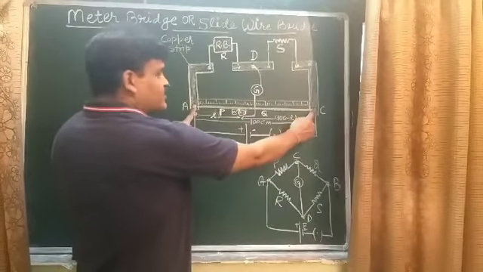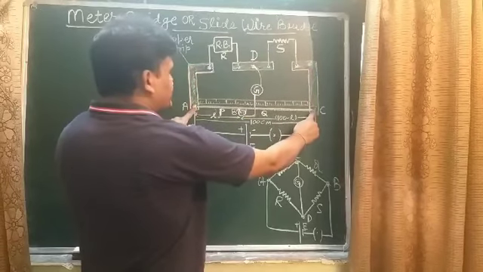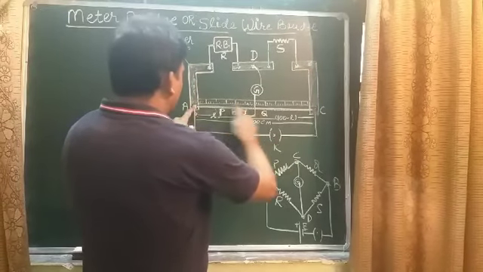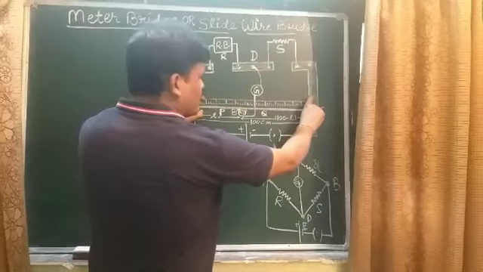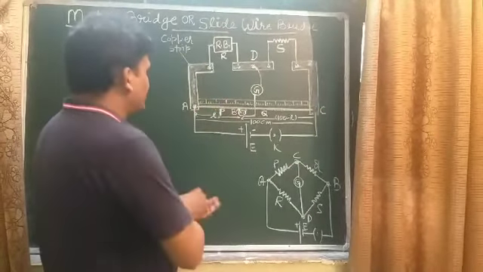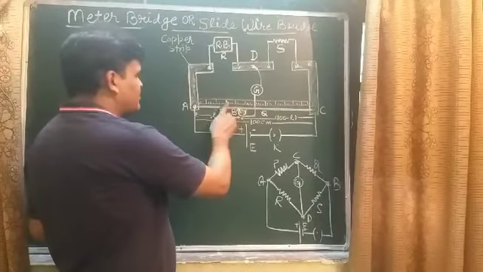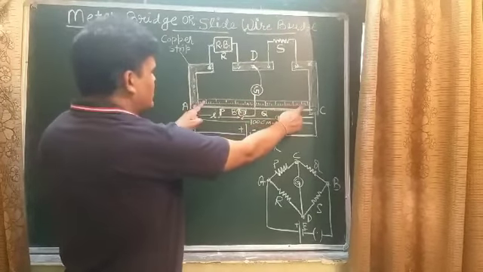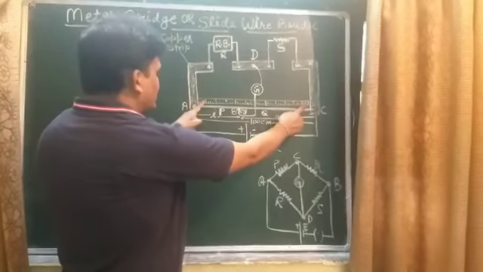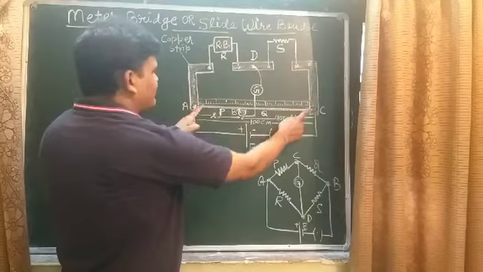This wire is stretched between two copper strips on a horizontal wooden board. A meter scale is also fitted on the wooden board parallel to the length of the wire.